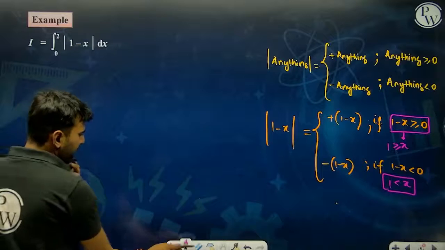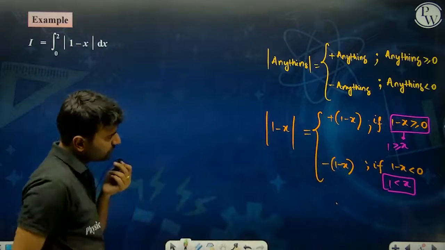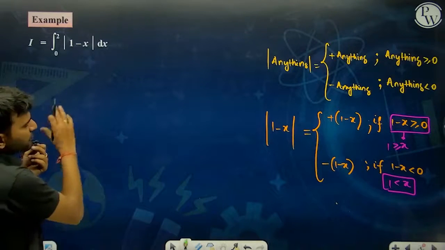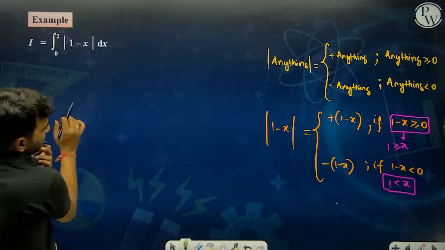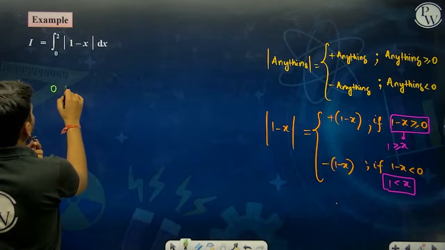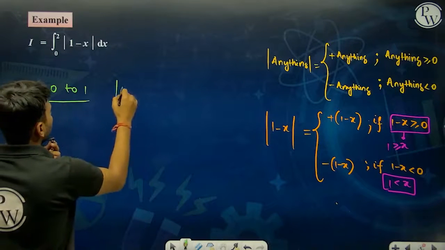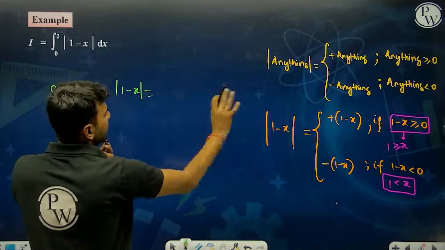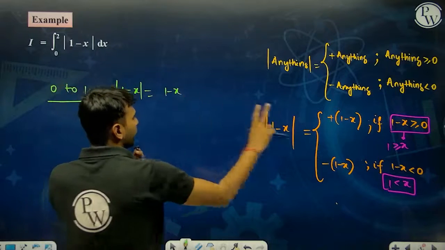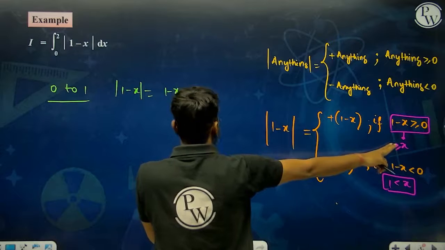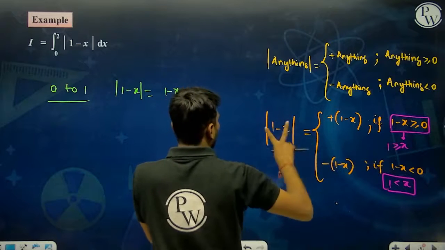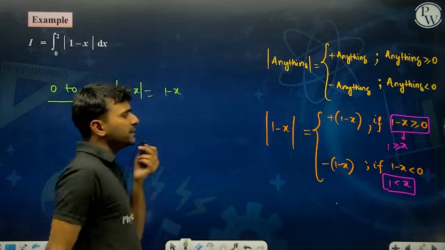So if we have to integrate from 0 to 2, between 0 and 1 we can write mod of 1 minus x as plus 1 minus x.